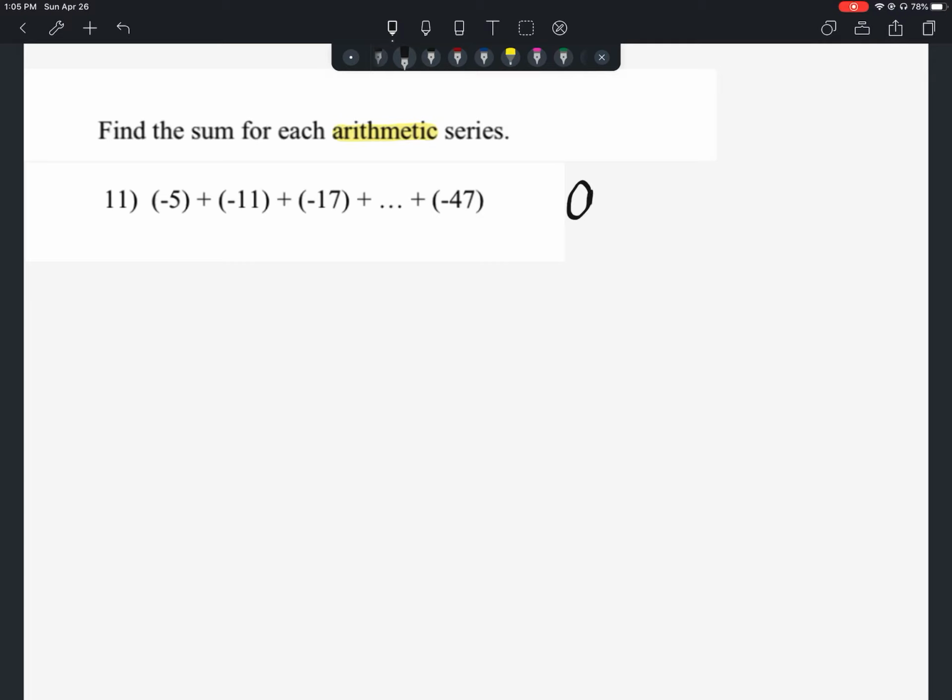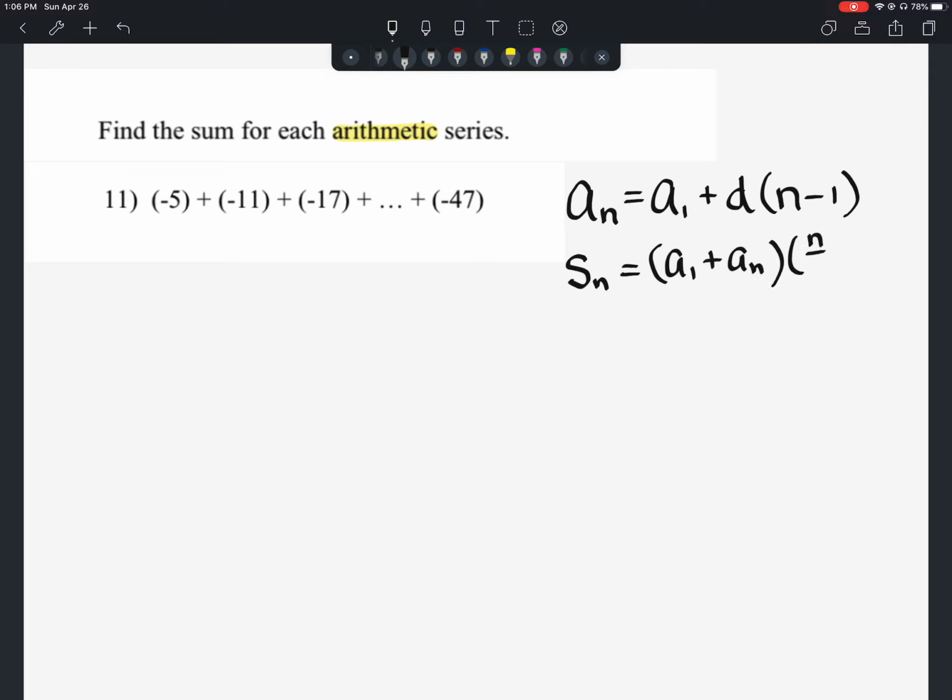The equation for the nth term is a sub n equals the first term plus the common difference times n minus 1. And to find the sum of n terms, we take the first term plus the nth term, the last term, times half the number of terms.